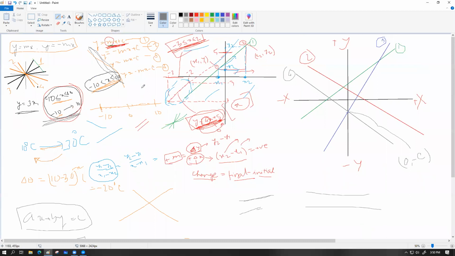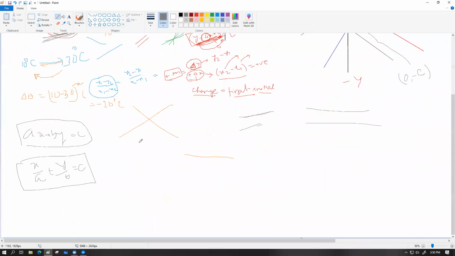The only thing you need to observe to determine whether a certain equation is for a straight line or not is that the power of x and y should always be 1 and 1 only, not equal. I mean x to the power 1 and y to the power 1.